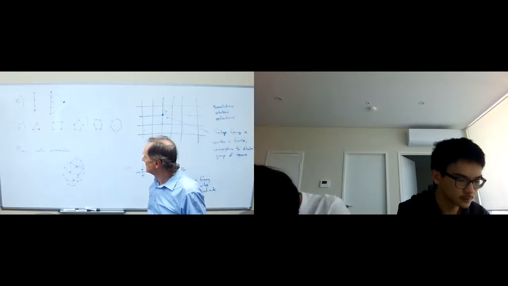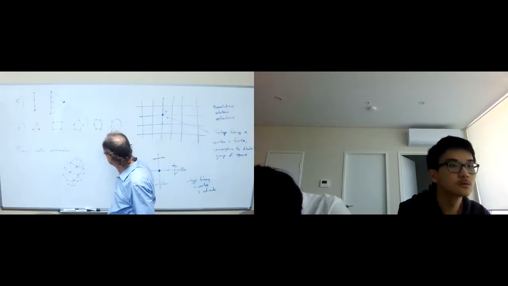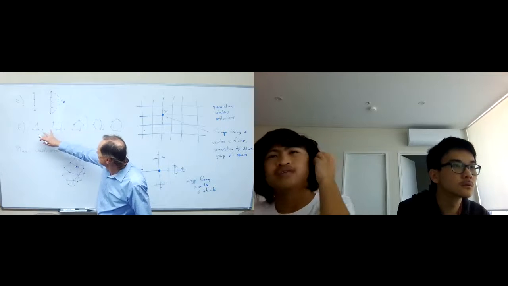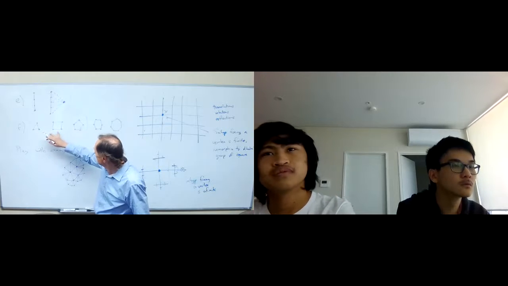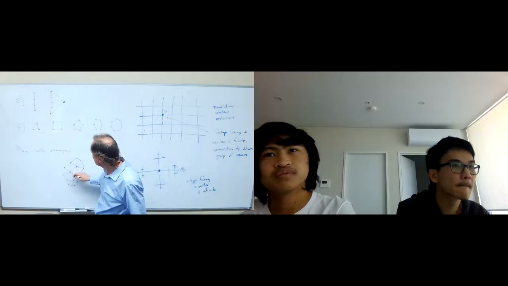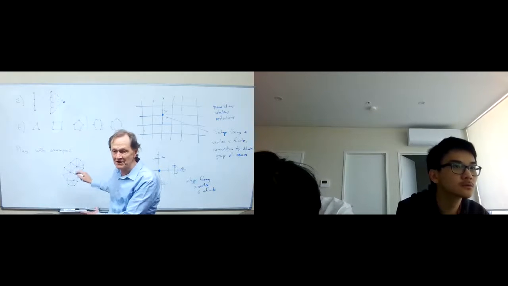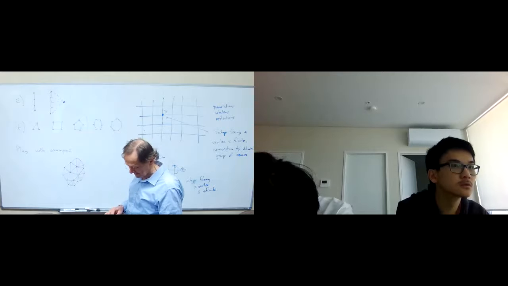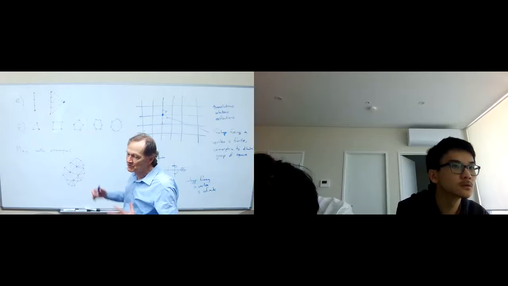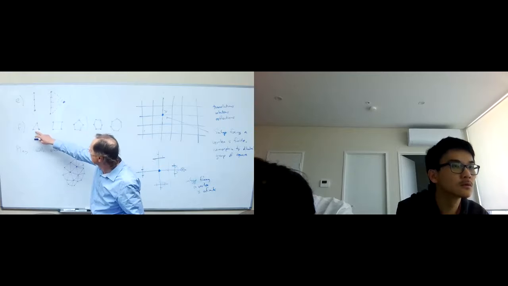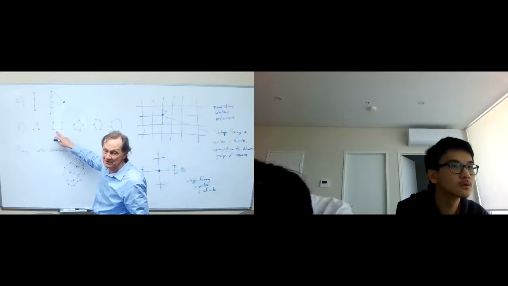If you go back to these examples now, you try the same idea for the triangle or the square. What you find is that when you try to keep adding more vertices, it's forced to close up. It's forced to close up to the tetrahedron in this case and to the octahedron in this case.